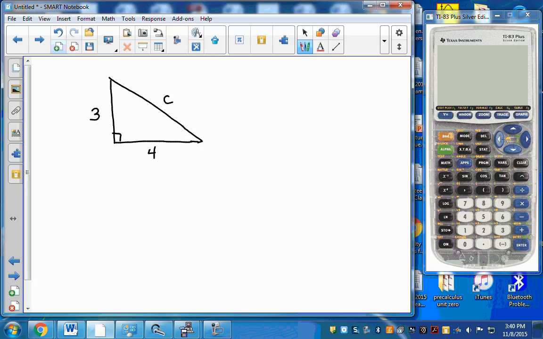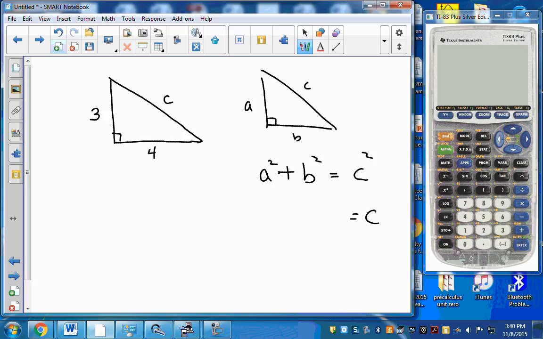The Pythagorean theorem, if we call these short sides A and B and C, right triangle, we have A squared plus B squared. So you square the two short sides, add them up, and that will be the long side squared. So C is the square root of A squared plus B squared, which cannot be simplified.